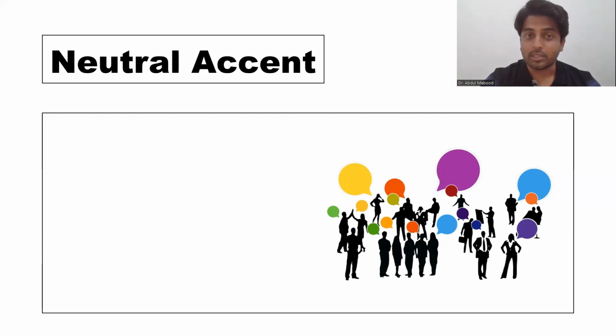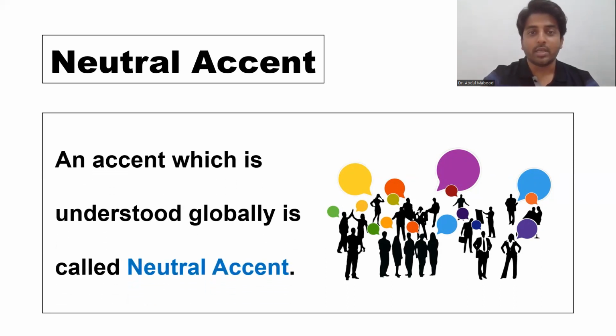If I speak English, my English should be understood by everyone around the world. And for that, we have to follow an accent, a proper accent. Fine. So it is something that is globally understood.